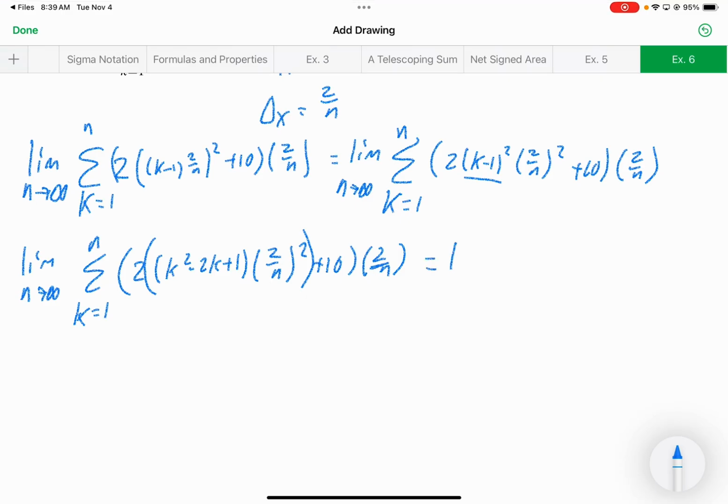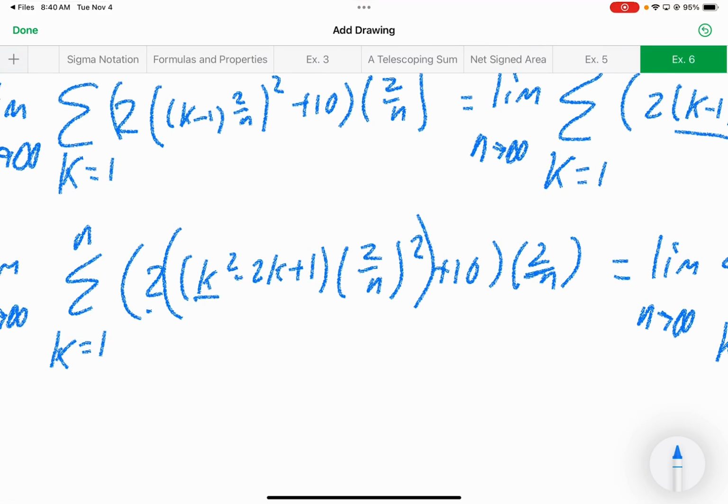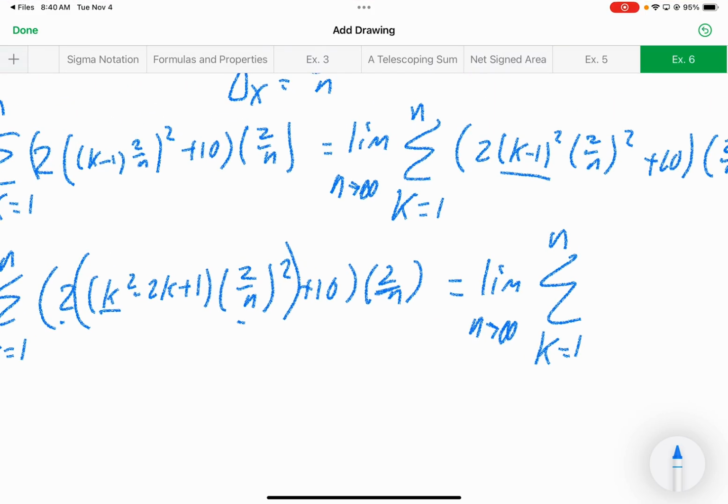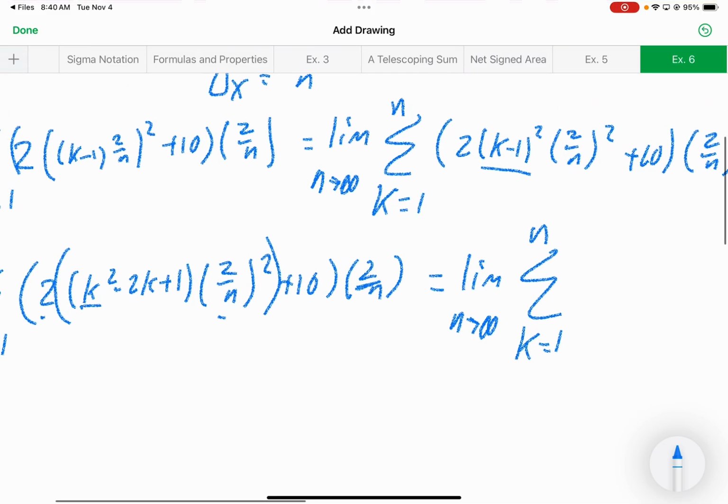All right, so limit as n goes to infinity. The most efficient way to do this is to distribute 2 over n squared to each piece and then a 2. And then we'll just take the sum of each piece, so k equals 1 to n. For our first term, we have k squared times 2 over n squared, and all that 2 over n is going to be in front as well.